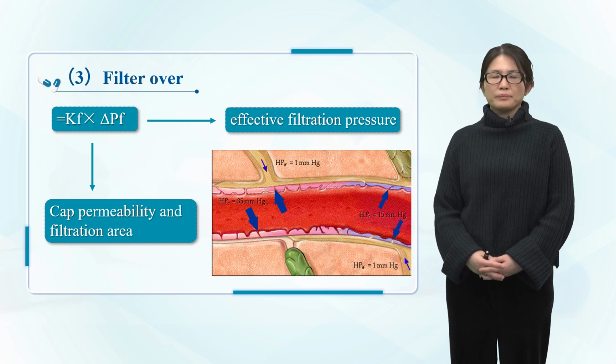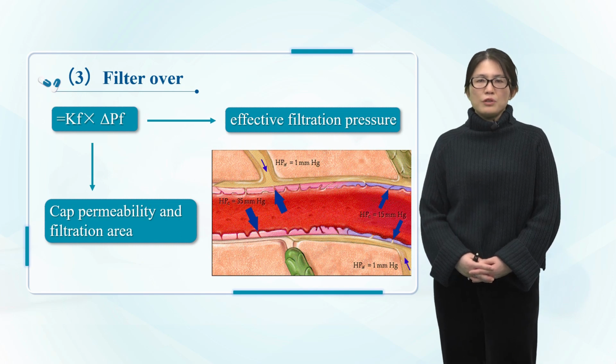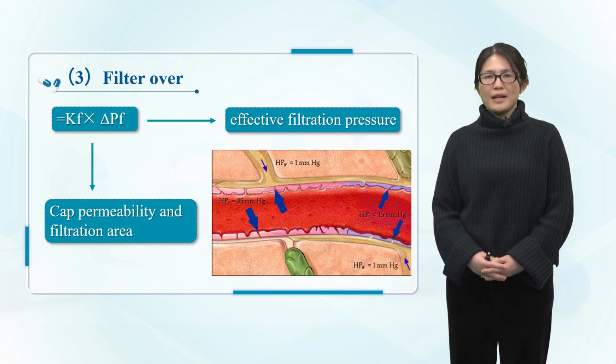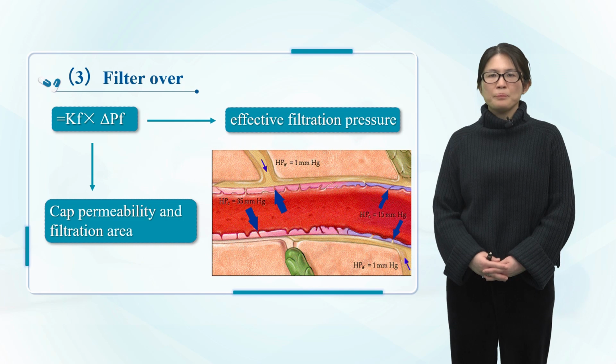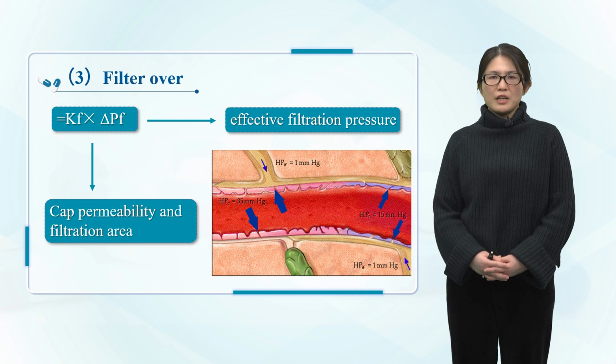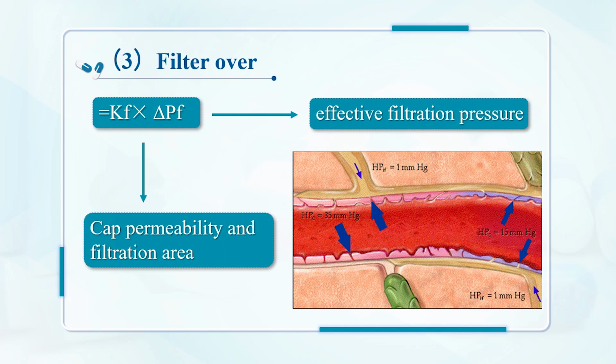In general, 0.5% to 2% of the plasma flowing through the capillaries is filtered out into the interstitial space. At the arterial end, about 90% of the filtrate is reabsorbed at the venous end, and the remaining about 10% enters the lymphatic capillaries, forming lymph fluid.